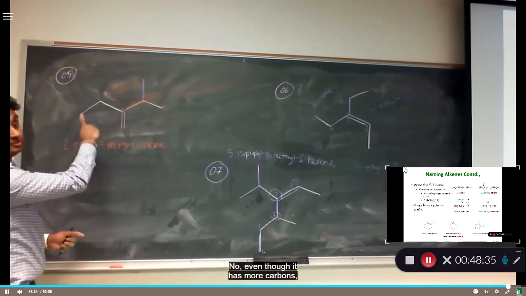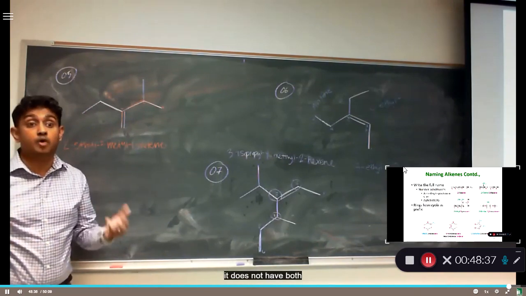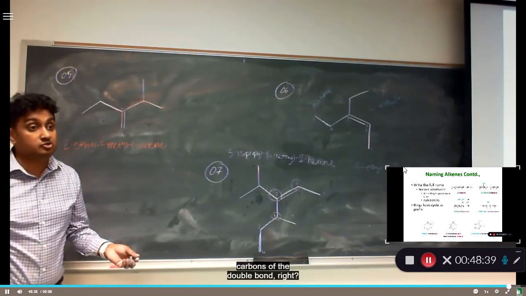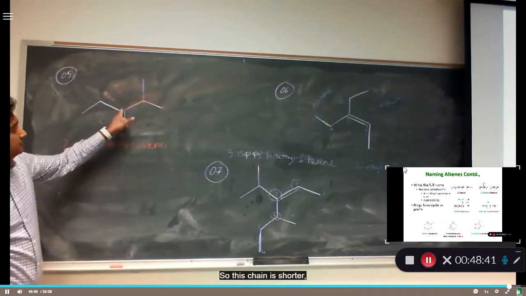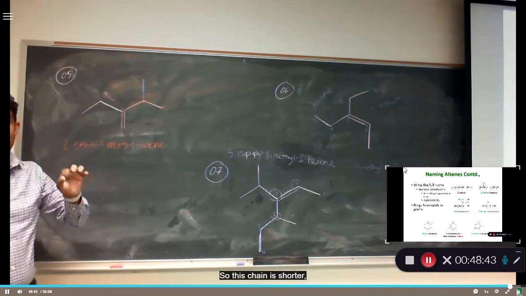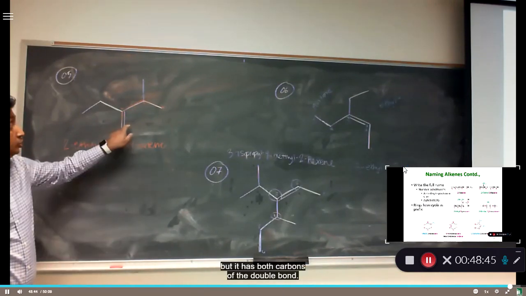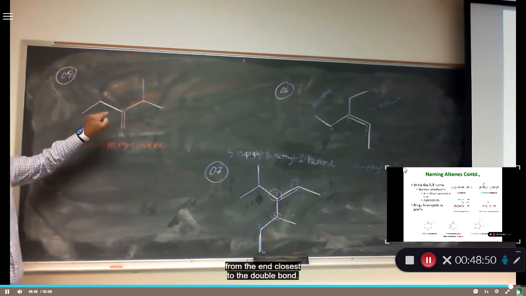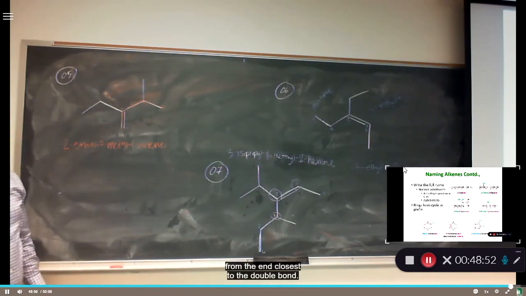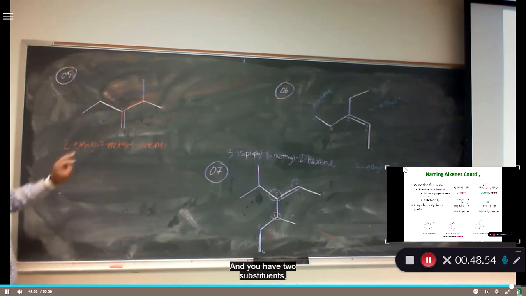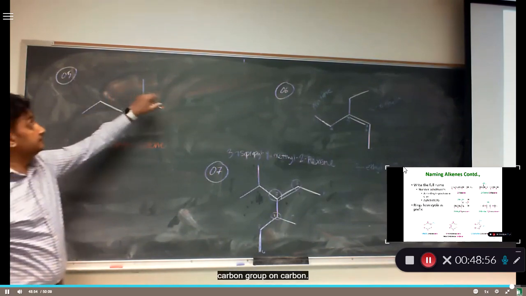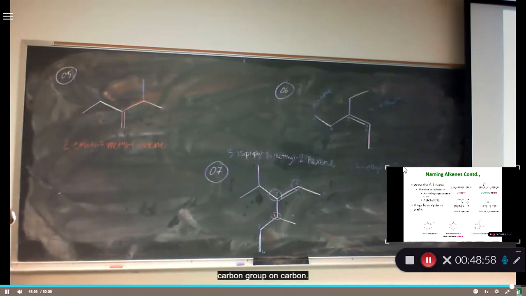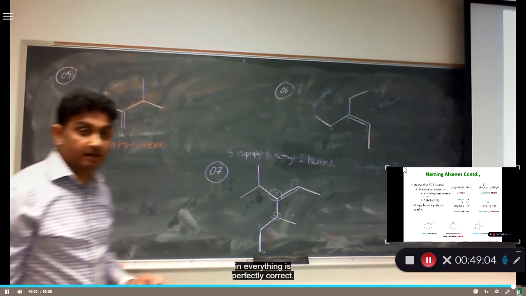No, even though it has more carbons, it does not have both carbons of the double bond, right? So this chain is shorter, but it has both carbons of the double bond. So you pick the correct parent and you started numbering from the end closest to the double bond, and you have two substituents, an ethyl group on second carbon, methyl group on third carbon. So you put them alphabetically, so it is 2-ethyl, 3-methyl, 1-butene. Everything is perfectly correct. Well done, well done.